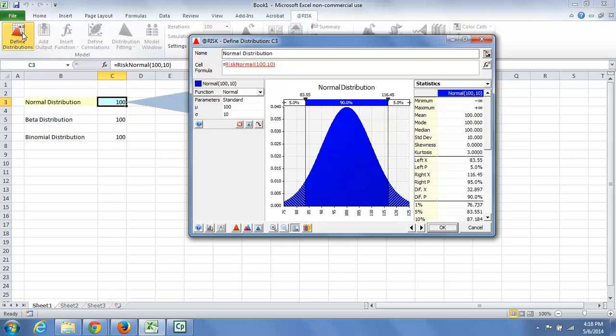So if you think of heights of adult males in Asia, weights of brains, the arm span, the distance between fingertips when you spread your arms, all those sorts of things, all those biological things tend to have a normal distribution.